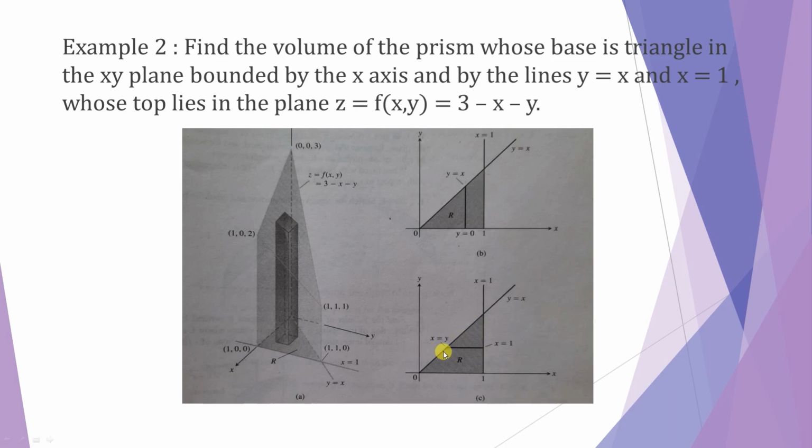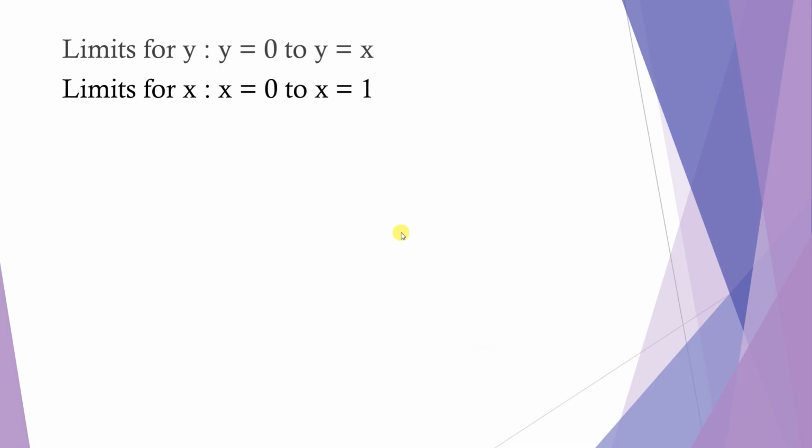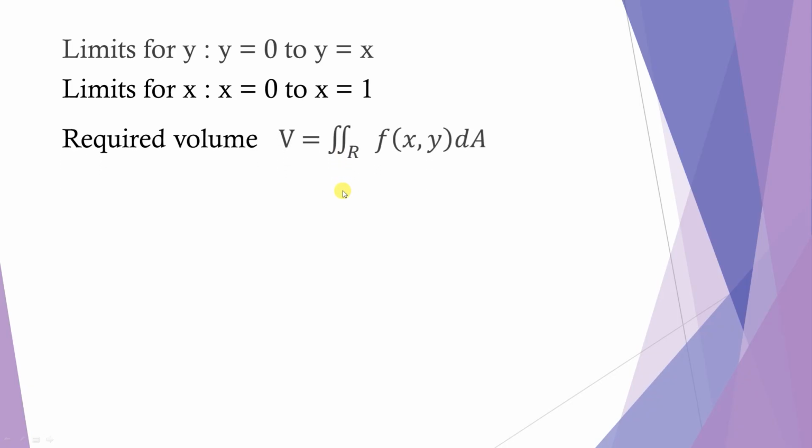If we want to integrate with respect to x first, then with respect to y, we draw a line parallel to the x axis in the region and look for the limits for x: x equals y to x equals 1. Here we are integrating with respect to y first, then with respect to x.